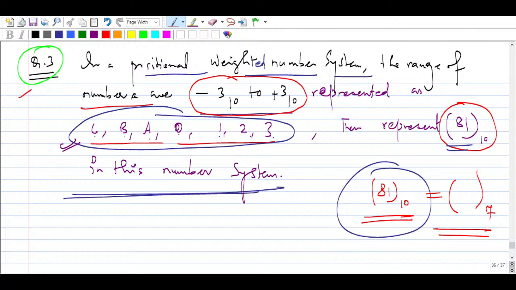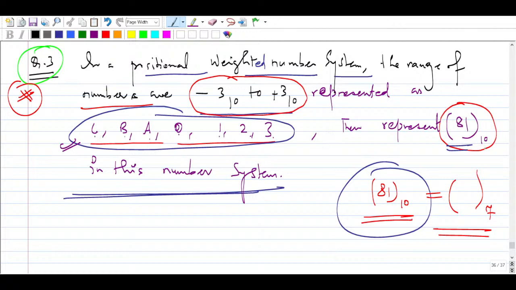Okay, so this question is also a very good question, right? Most of the students get confused by looking at these symbols like CBA 0 1 2 3. So they think that since CBA is given, it might be a 16 base number system or something. In a positional weighted number system, the range of numbers is -3 to +3 represented as CBA 0, 1, 2, 3.